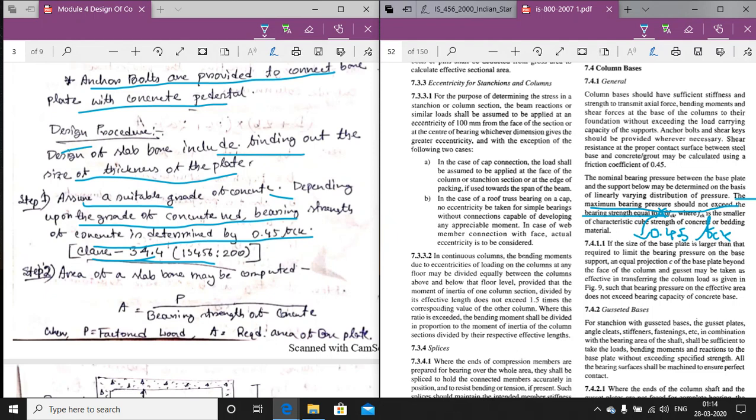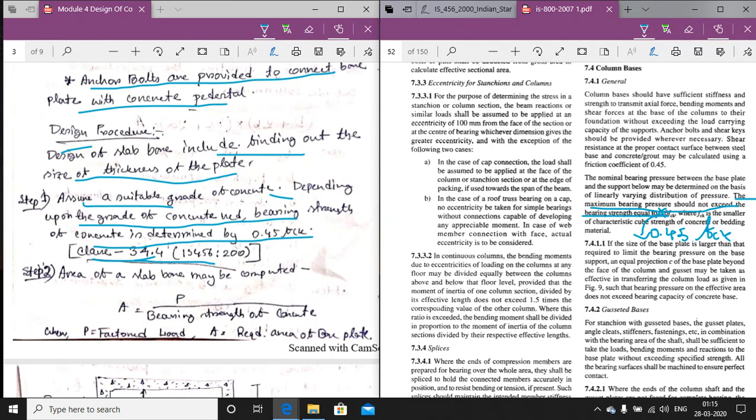Now, as the bearing strength is known, the slab base will be determined in the foundation. We determine by this formula the total area of the foundation, that is the total applied load divided by the bearing strength of the concrete, that is how much bearing strength the concrete gives to resist the applied load.